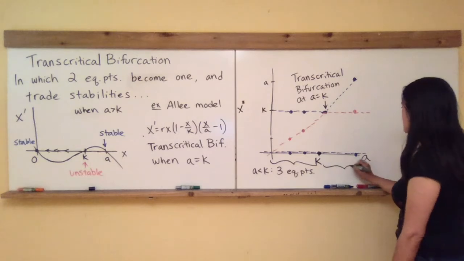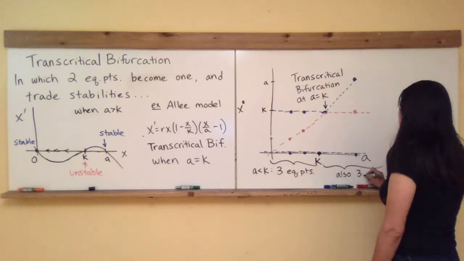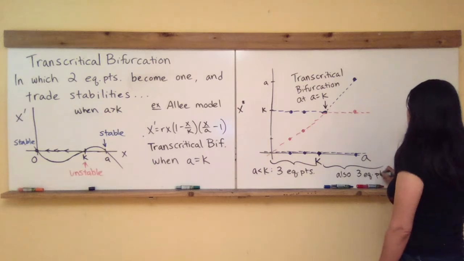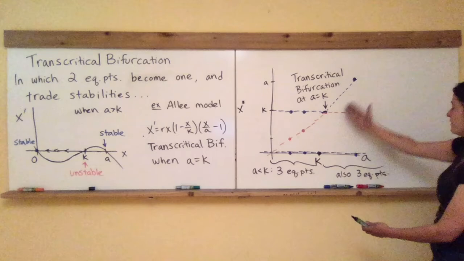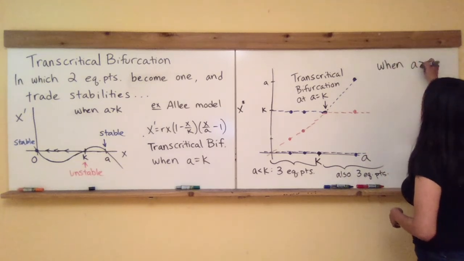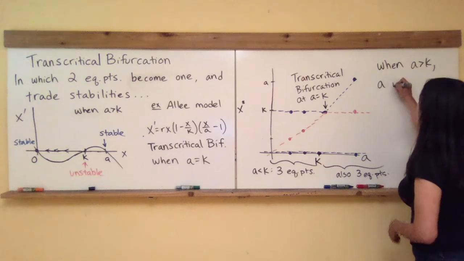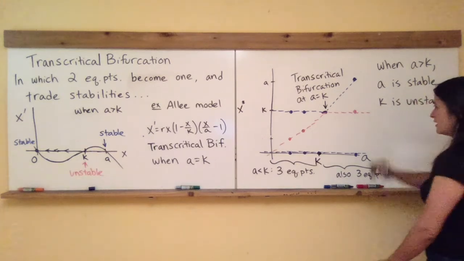On this side of the line, we also have three equilibrium points. It's just that they've traded their stabilities, okay? So on this side of the line, when A is greater than K, A is the stable equilibrium point and K is unstable.